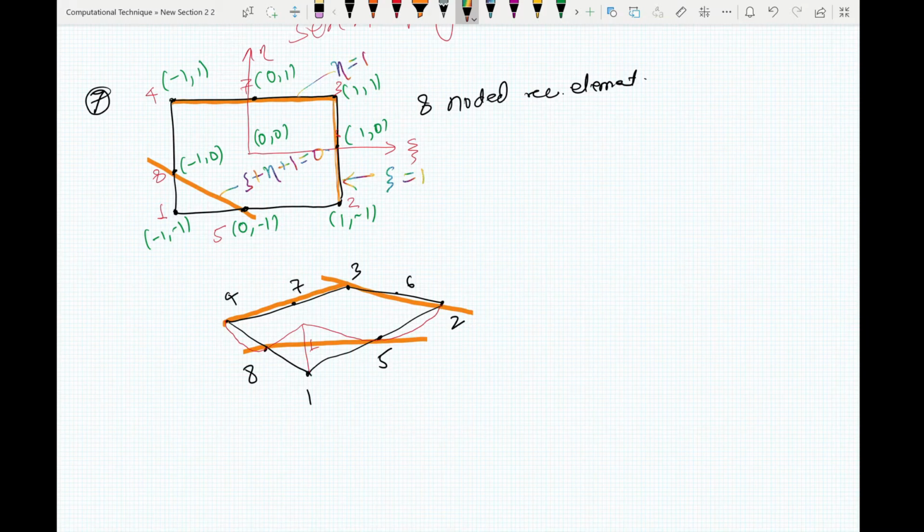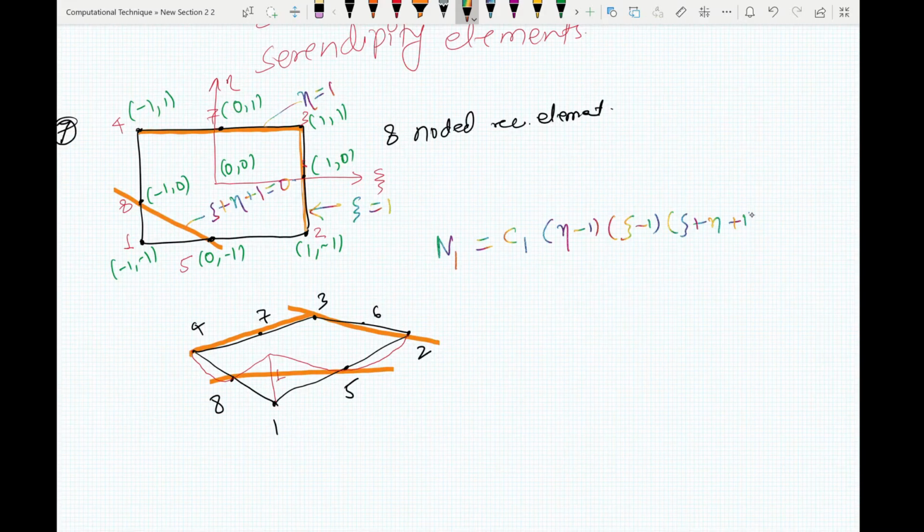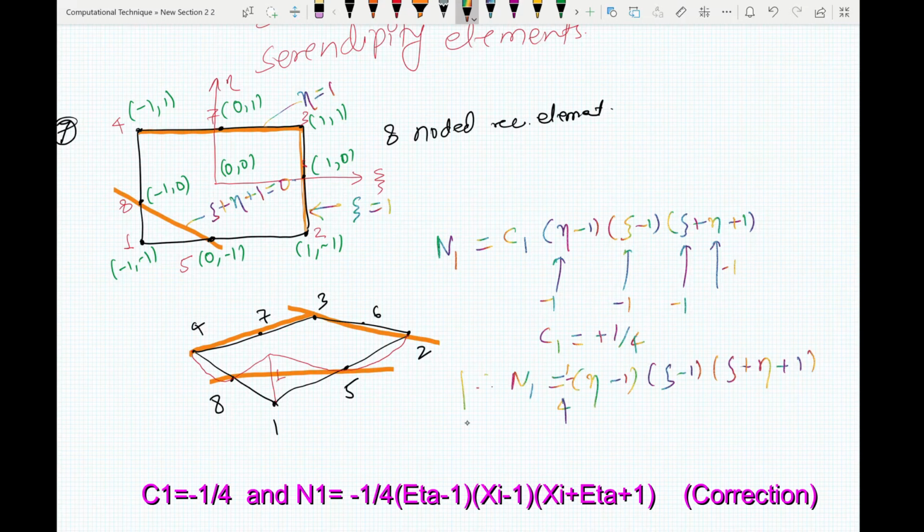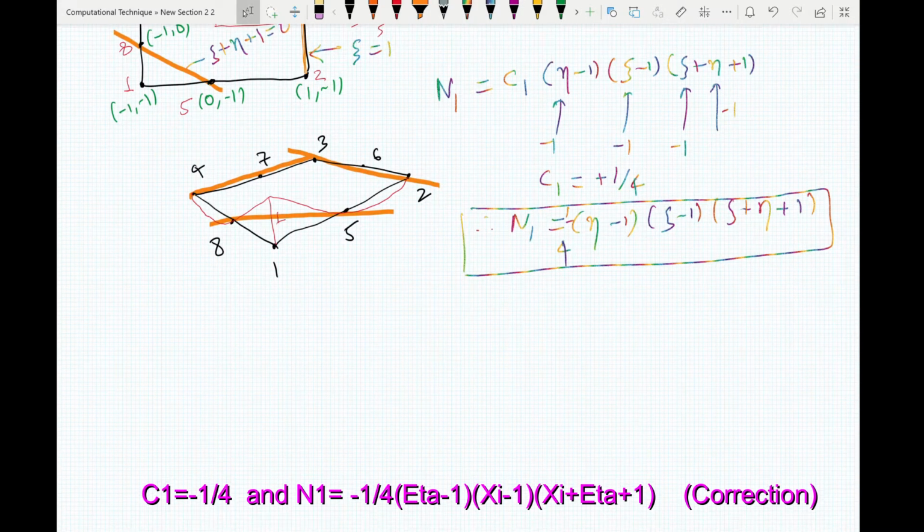So you can write your equation n1 as, and here you can substitute your xi and eta for 1. There is minus 1 here, minus 1 here, minus 1 and minus 1 here, and you can solve for your c1. Now your c1, if you solve like this, should be equal to, so this is your shape function for n1.